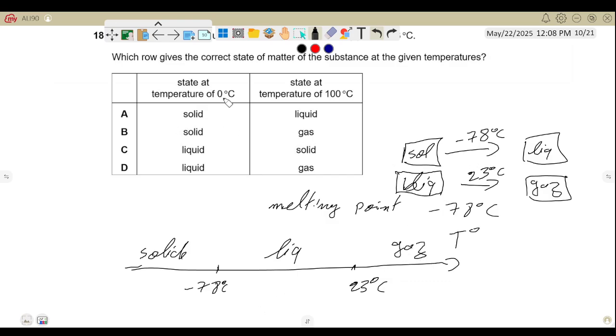Because we are at 0 degrees, that means we are in this range here. This is the 0 degrees, for instance. That means it's a liquid already.